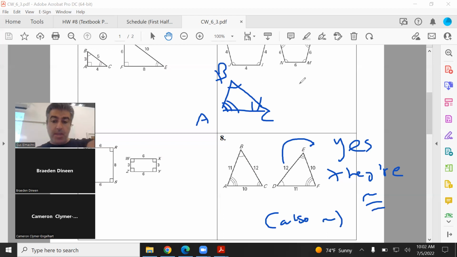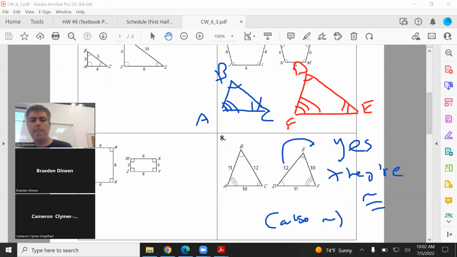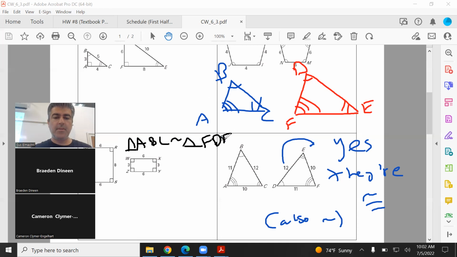So the other triangle, if I rotate it, 3 markings, 1 marking, 2 markings, and that's going to be D up top, E down here, and F. So you would say, of course it's congruent, but triangle ABC is similar to triangle FDE. Okay. Questions? No. Okay.